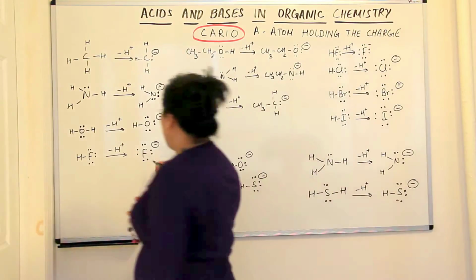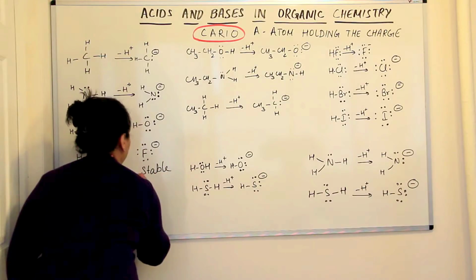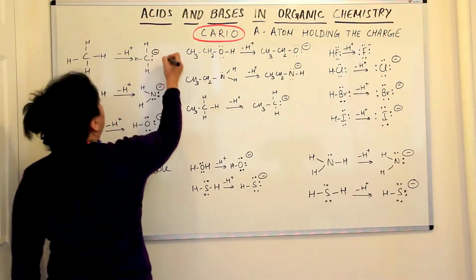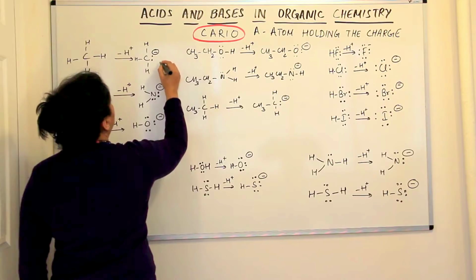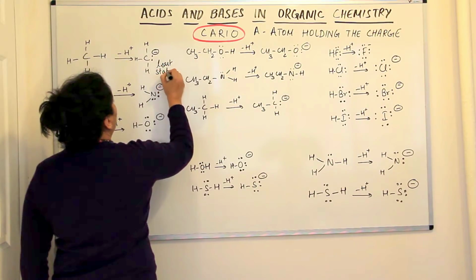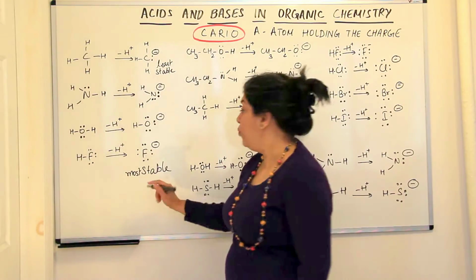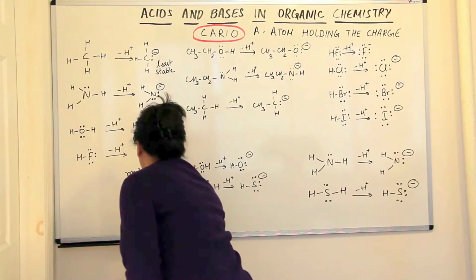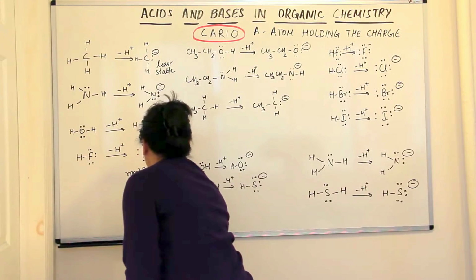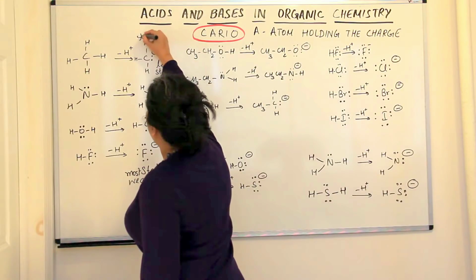So we say that the fluoride ion here is the most stable and the methyl ion here is the least stable. So this conjugate base is the weakest base, and this then would be the strongest base.